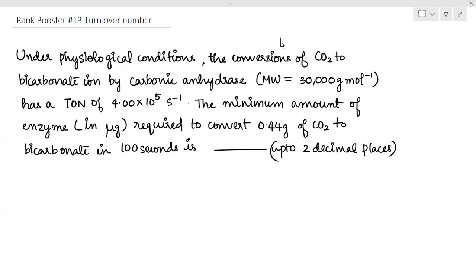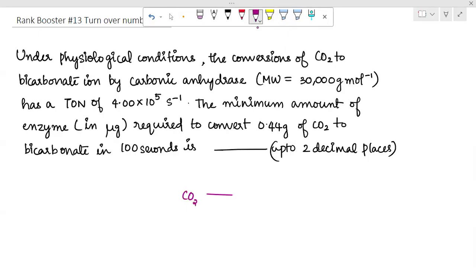So the question says carbon dioxide is converted to bicarbonate ion by an enzyme.